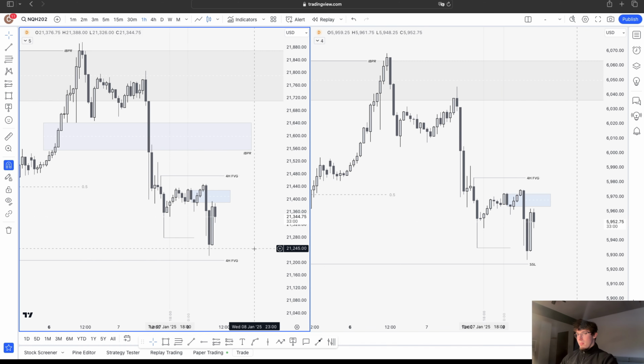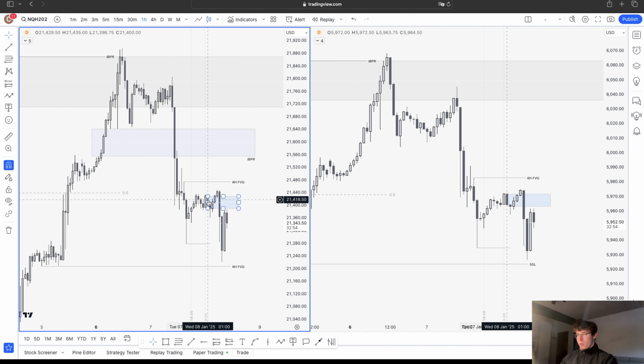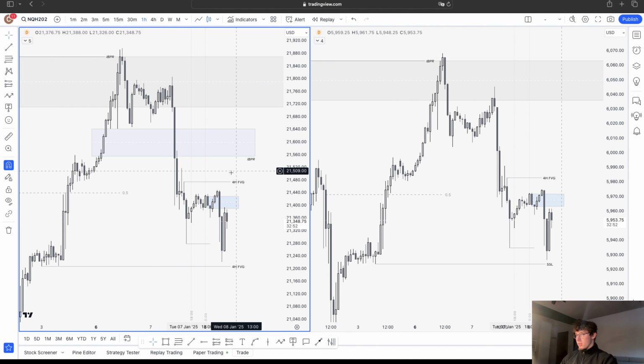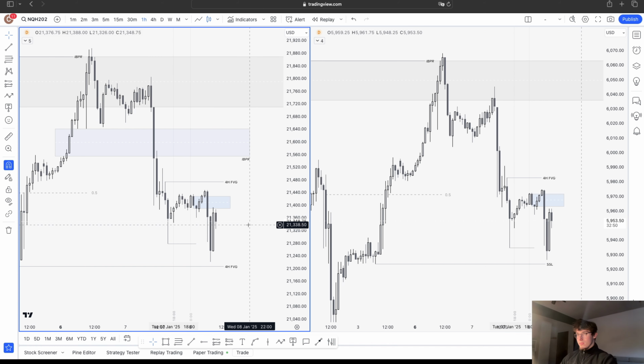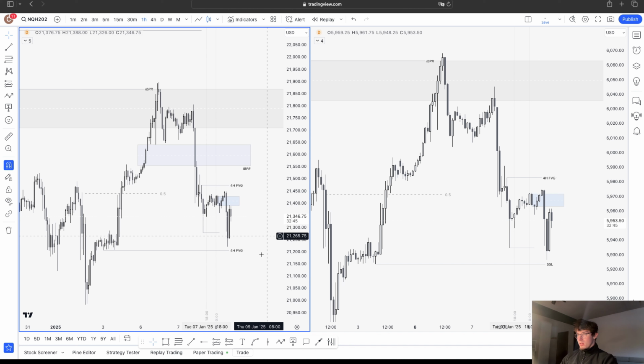However, I'm more looking for a comeback into this internal range. Despite there being this breaker, I'm more convinced to look for higher prices right now. If I have to be honest, I would be looking for a comeback here, to then maybe continue lower.